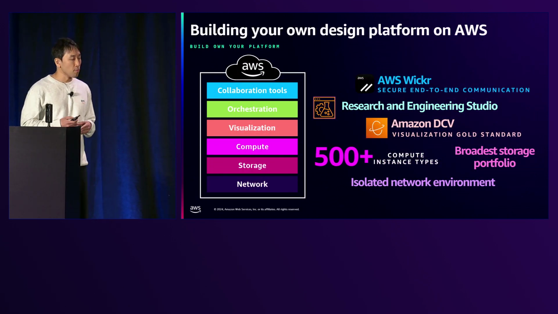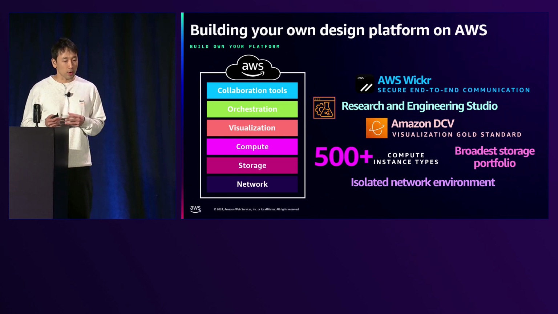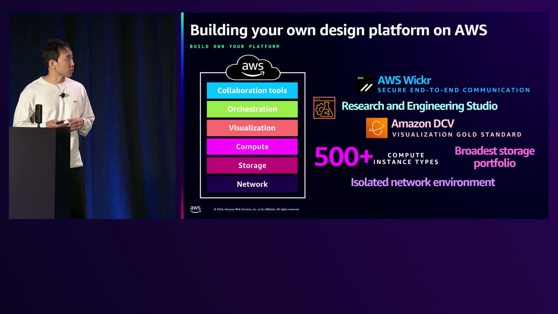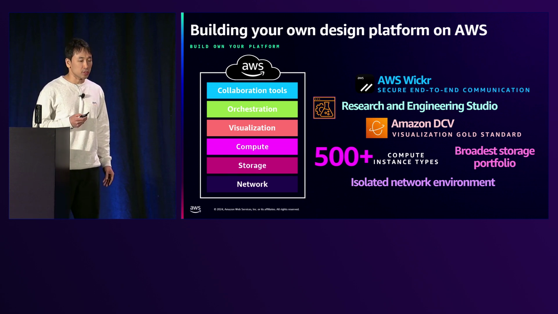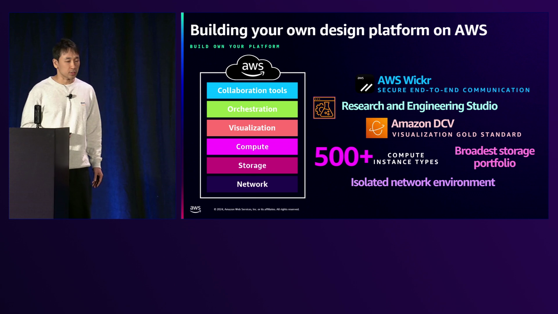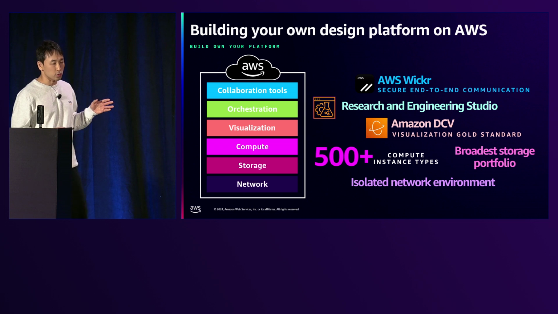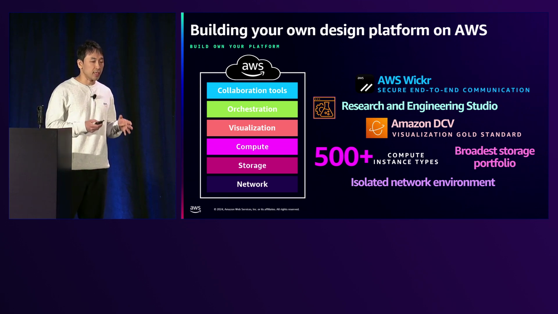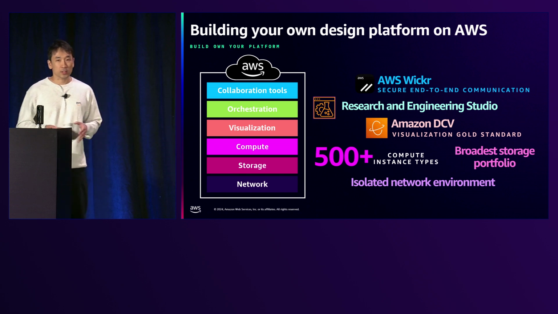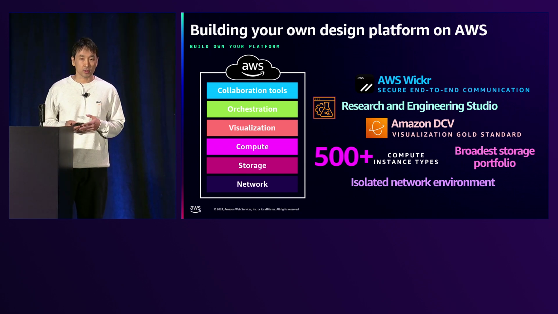AWS offers a comprehensive suite of services for building your own platform. While I won't go into the specifics of each service in this session, I'd like to highlight some key offerings. AWS provides a full range of services from network to collaboration tools. You can store data in a cost-efficient way and accelerate your design work with the latest GPU instances.